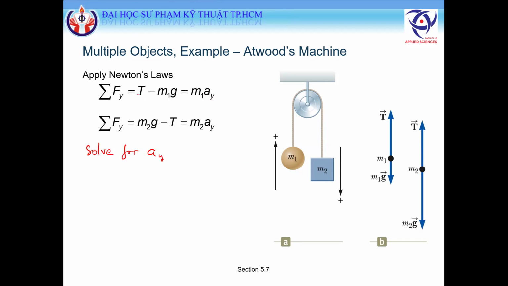You can see you have T here with the plus sign, and T here with the minus sign, so you can add the two equations side by side, right? From the left side, you have minus M1G plus M2G. From the other side, you have M1 plus M2 times AY, right?